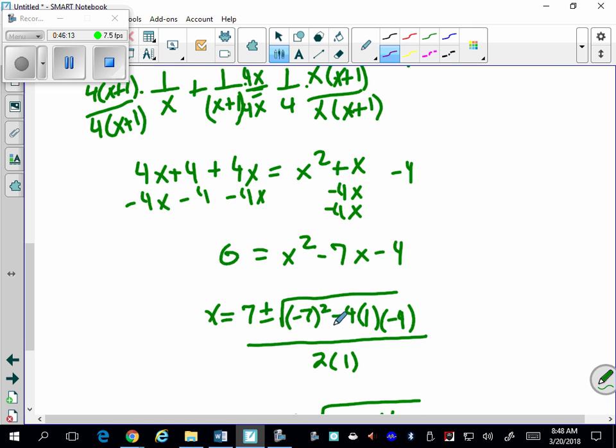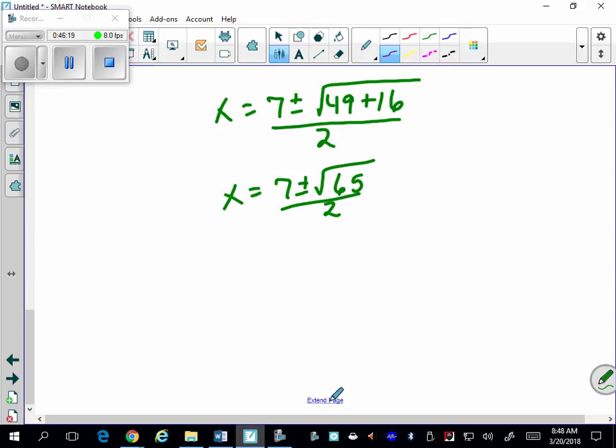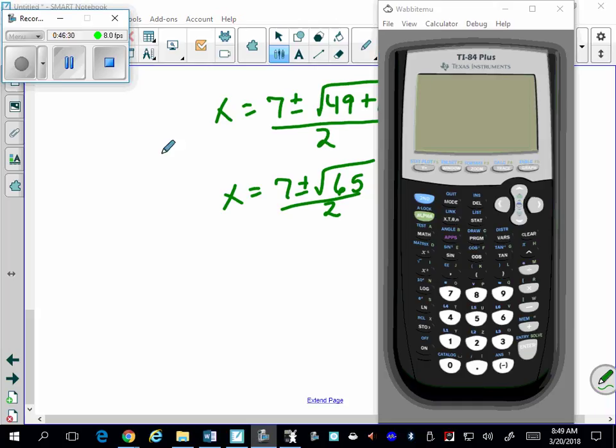So doing this in the calculator: 7 plus the square root of 65, divided by 2. You get 7.5, and then we also have the subtraction, so let's try that. 7 minus the square root of 65. It's quadratic, so there are 2 solutions, so let's check them out.